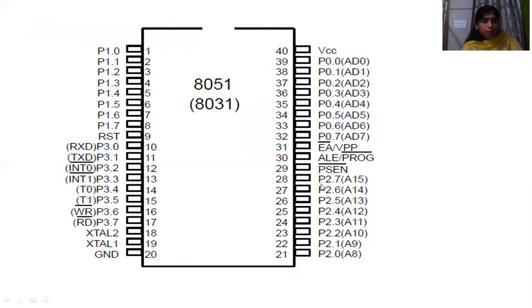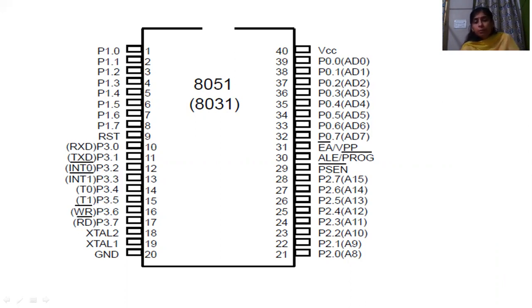For example, P30 is for reception of signal, then transmission of signal, interrupt signals P32 and P33, then timer 0, timer 1. Writing and reading are active low pins. These are the different functions.